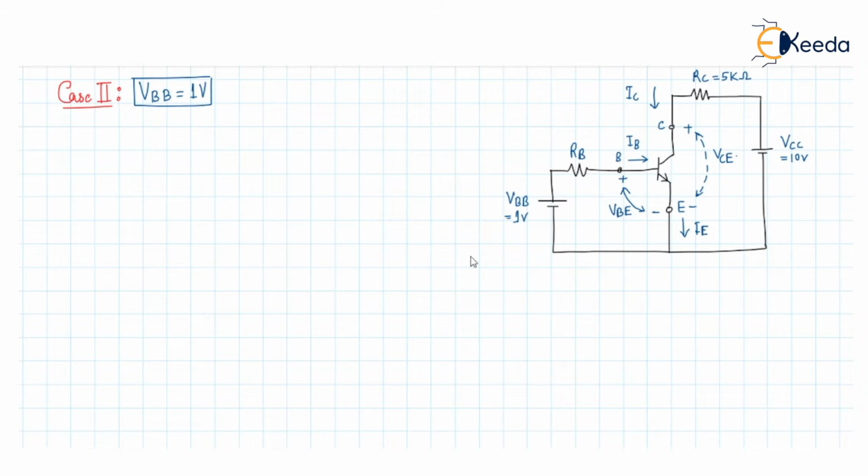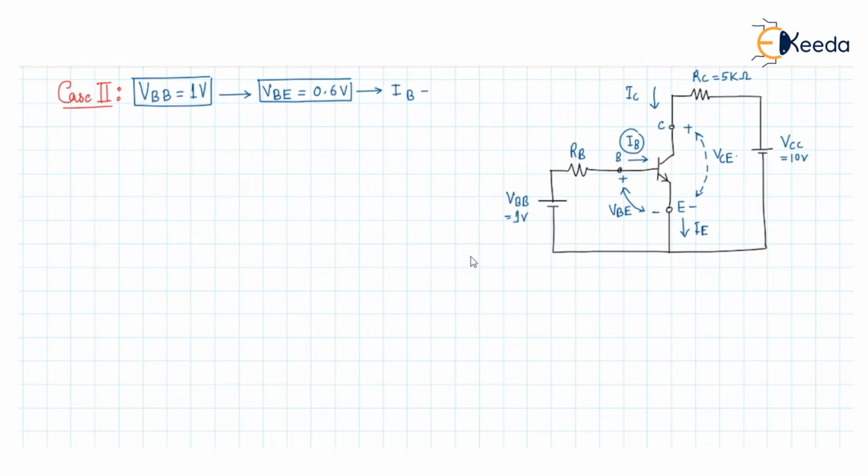Since we have given the VBB equal to 1 volt, we can say right now that the base to emitter potential, which was 0 earlier, will be increased to some value. Let us assume that now the value is 0.6 volt. Due to this VBE 0.6 volt, we will get some amount of current in the IB.